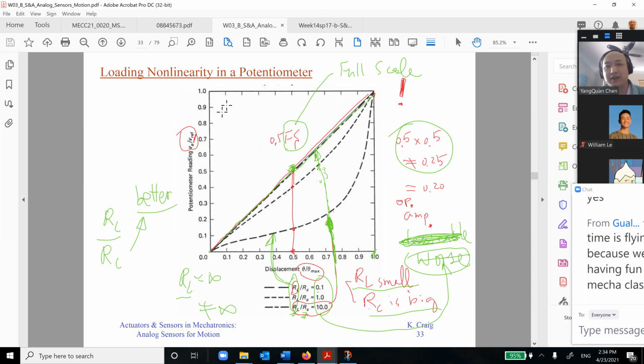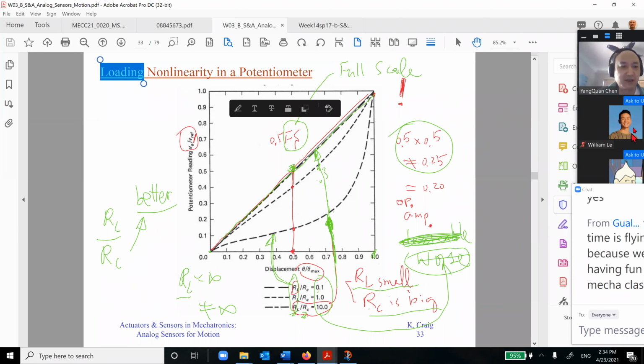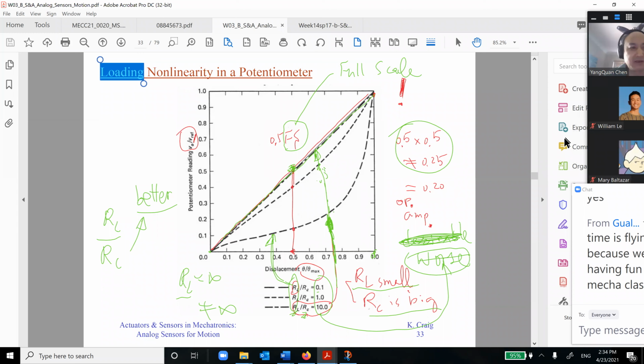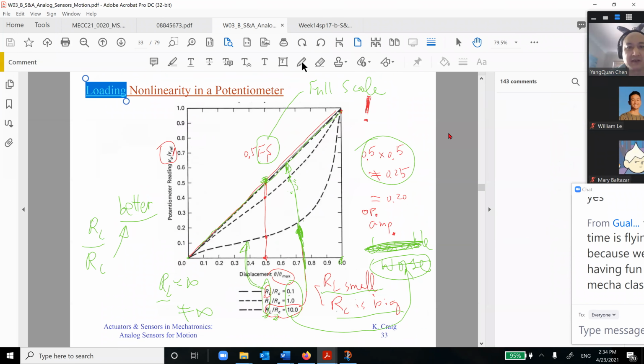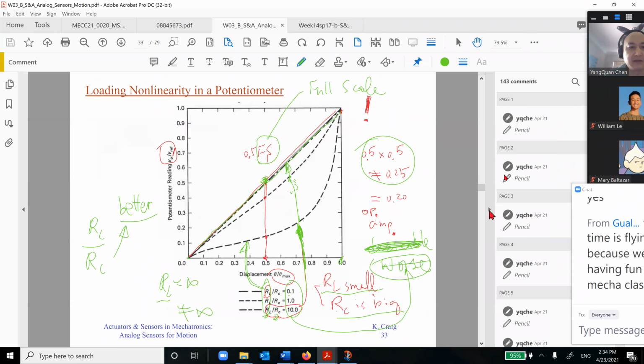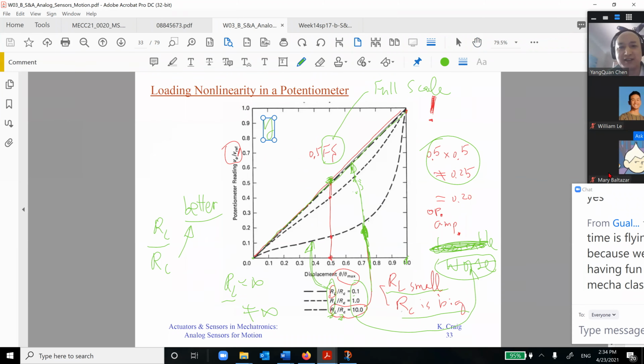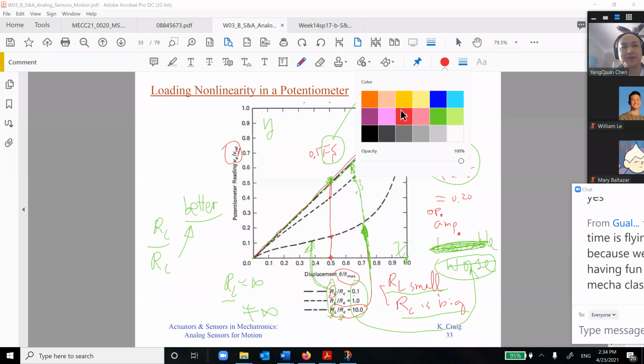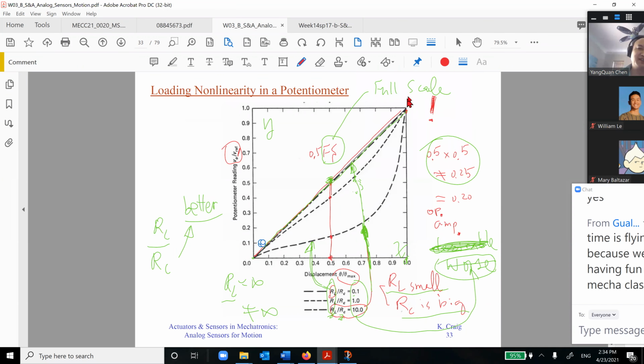So this is y, this is x. Let's do the red one. The y of x should be a linear relationship, a straight line. But in practice, you will have a nonlinear relationship because of the load effect.